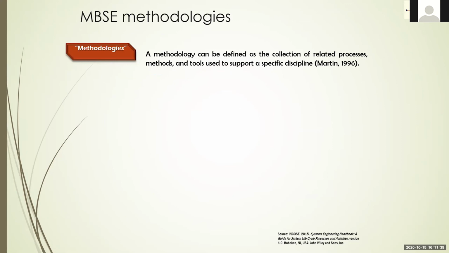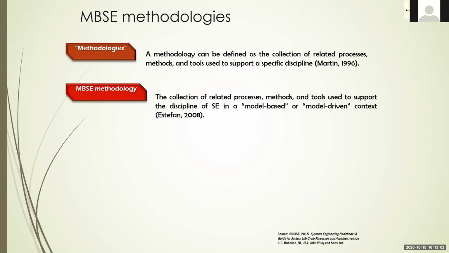Now, one other thing is that between model-based system engineering, we have methodologies. So let's read the definition of methodology. It's a collection of related processes, methods, and tools used to support a specific discipline. So that's a methodology.